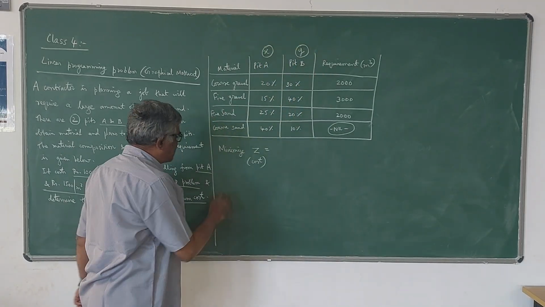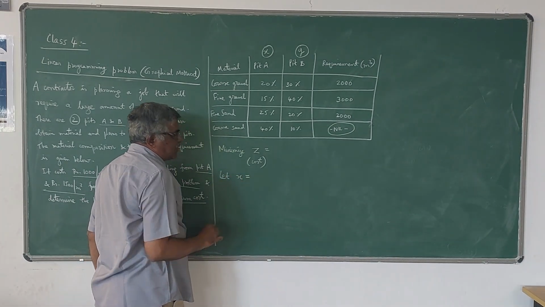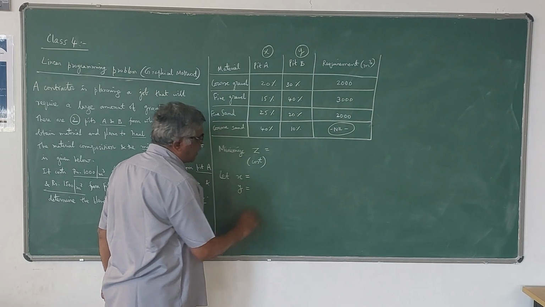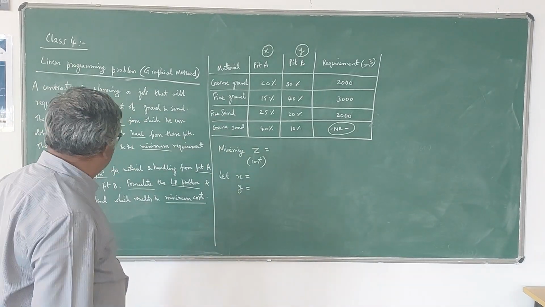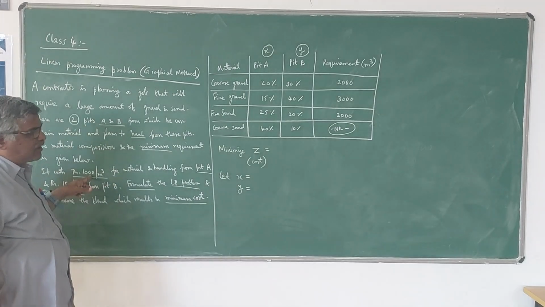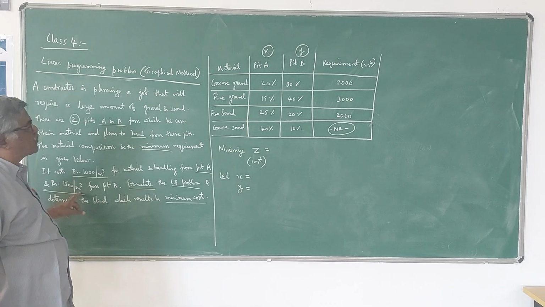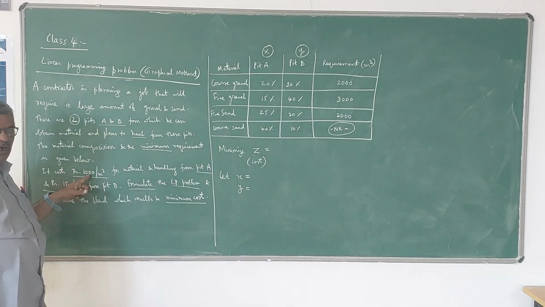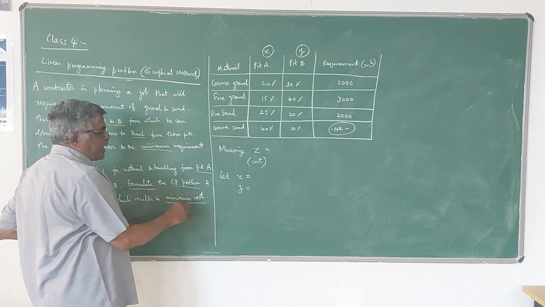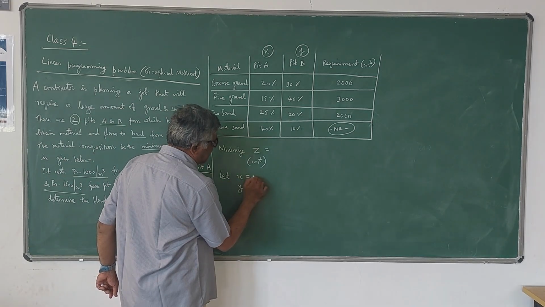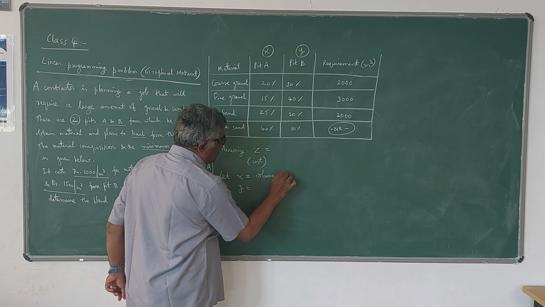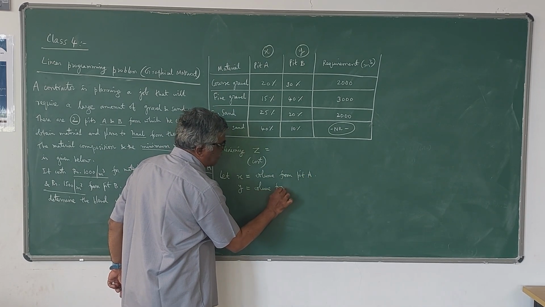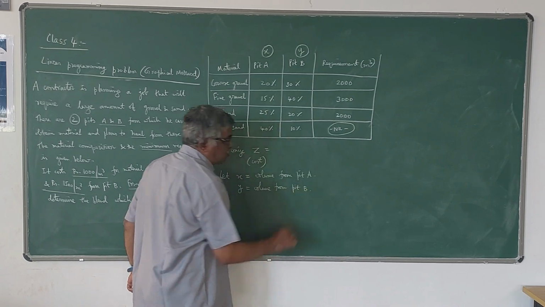So let us take X as the composition which we have to take from pit A, and Y is the composition which we have to take from pit B. Or we can say how much meter cube has to be taken from pit A and how much meter cube has to be taken from pit B. So for 1 meter cube the cost is 1000 per meter cube if you want from pit A. So let me take X as the volume from pit A and Y is the volume from pit B, which has to be hauled to have minimum cost.